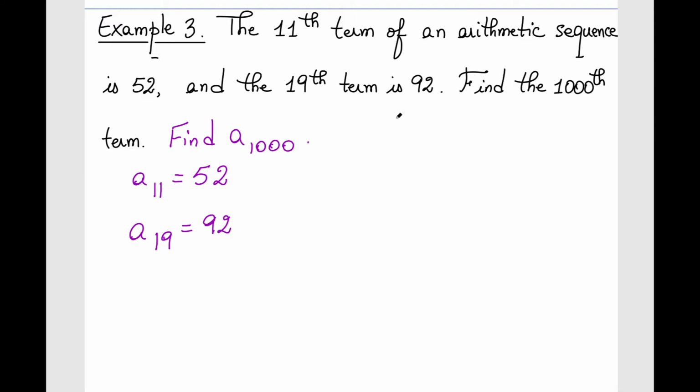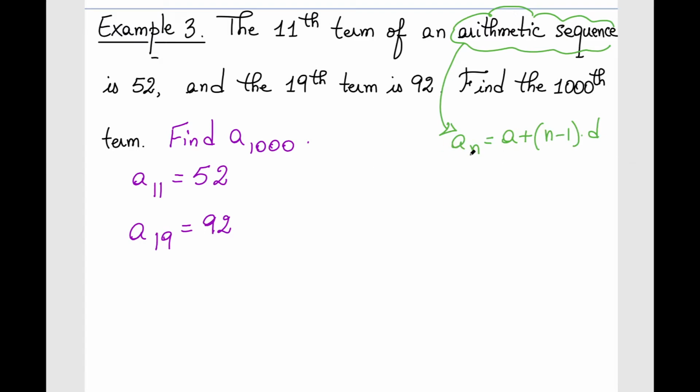Correct? So we want to find the term whose rank is 1000. All right. So since it's an arithmetic sequence, what can we say? We know that the general term a_n is the first plus n minus 1 times the common difference, right? We know this. This is for any n.